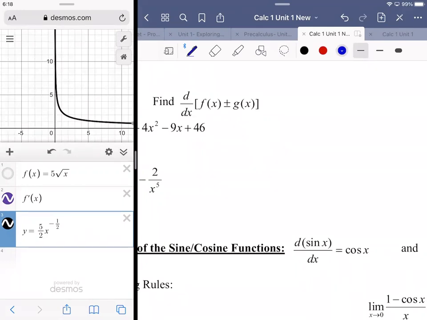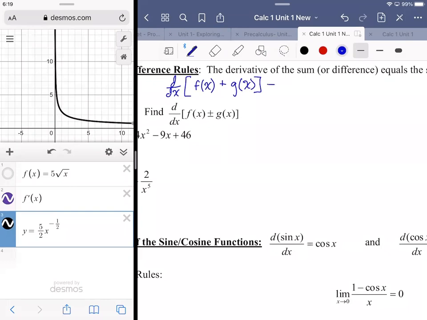So d dx, again, that means the derivative with respect to x of, let's say, for example, f of x plus g of x, just the plus. That's the same as saying d dx of f of x plus d dx of g of x.